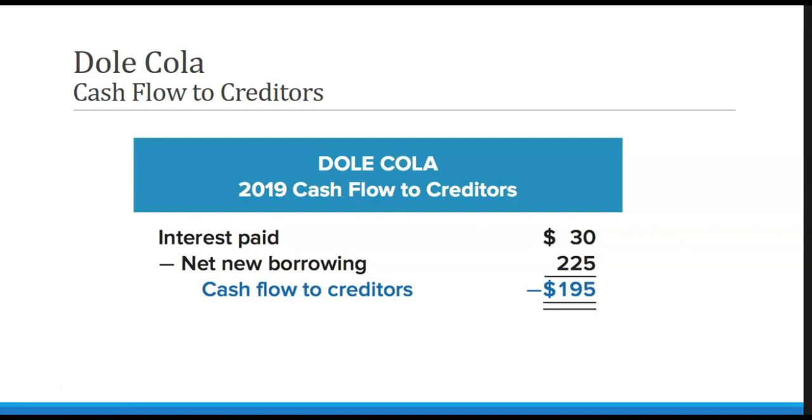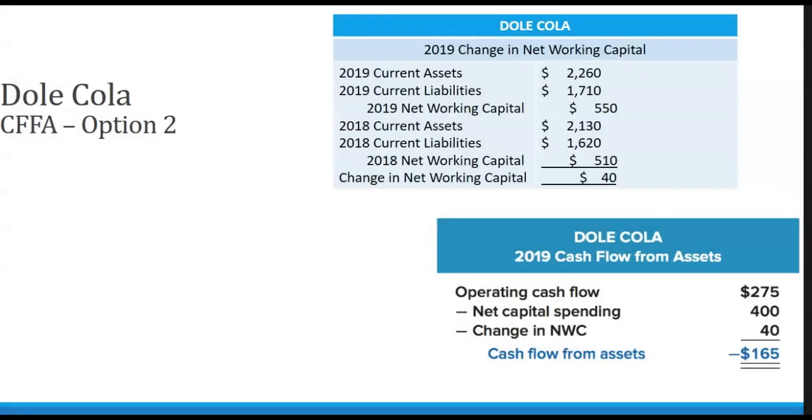We can then use that information to calculate what our cash flow to stockholders is, because our negative 195 plus the stockholders must equal the cash flow from assets of negative 165, which means that our cash flow to stockholders is $30.